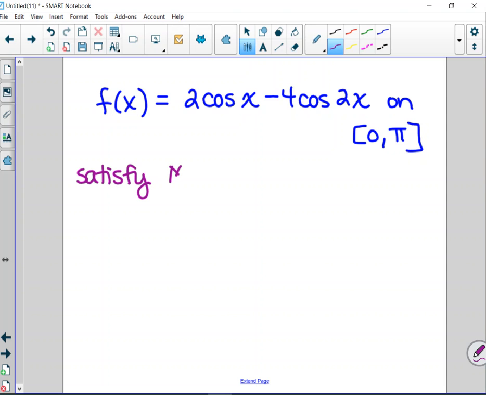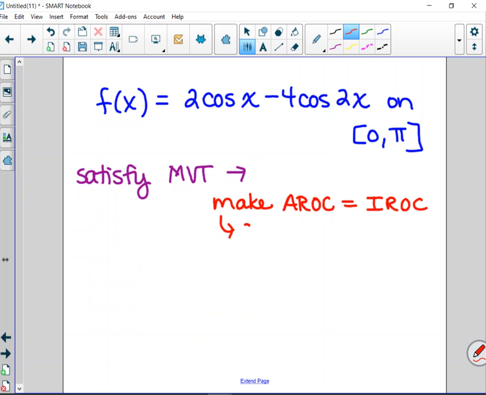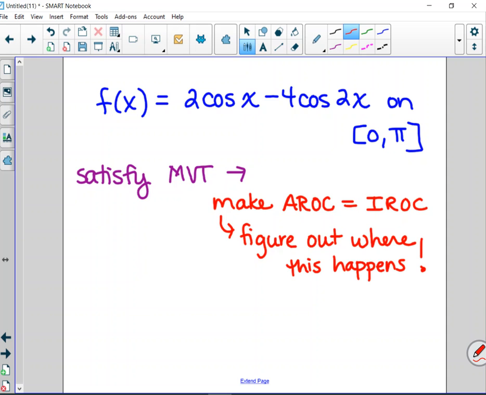mean value theorem. To satisfy the mean value theorem, that would mean that we are able to make the average rate of change equal the instantaneous rate of change, and figure out where that happens.